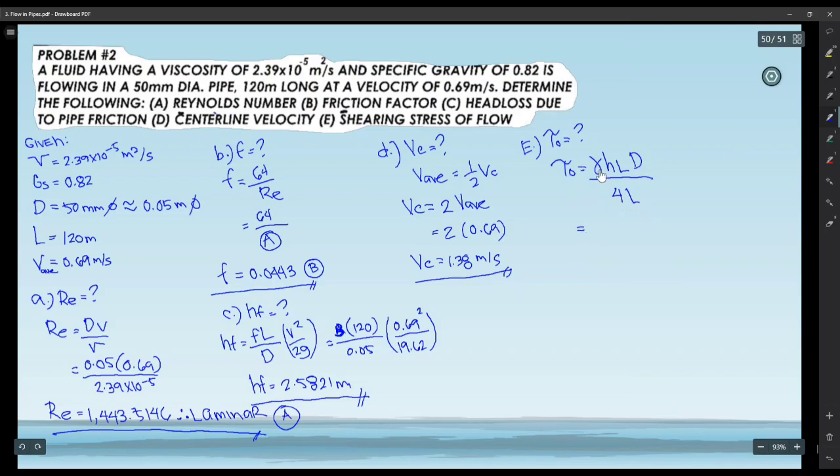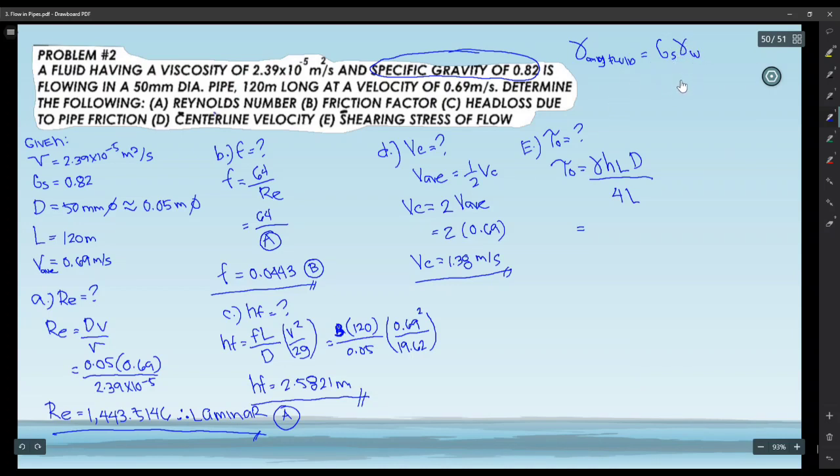Okay, so ang una, yung gamma. So, since nag-flow sa atin dito, i-specify yung specific gravity. So, yung unit weight mo ng any fluid equals lang yan sa specific gravity times the unit weight of the water. Okay?